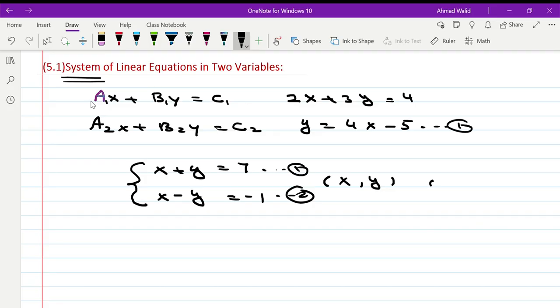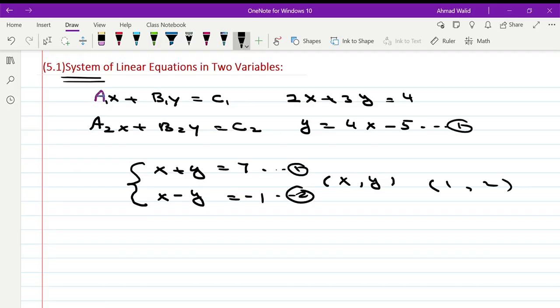For example, 1 and 2, or whatever the answer for that question is, x is 1, y is 2. It gives you an ordered pair, correct? The answer for a system of linear equations is an ordered pair, the value of x and the value of y.